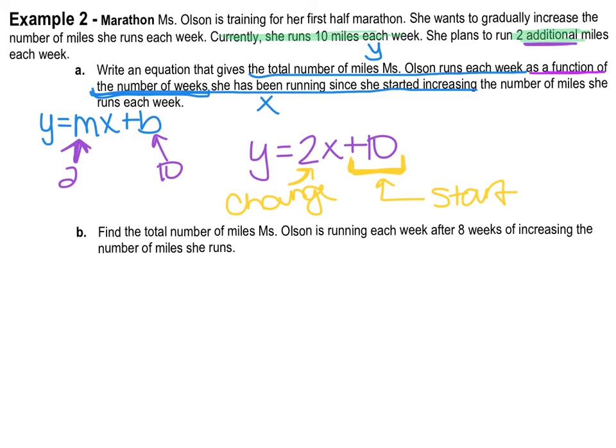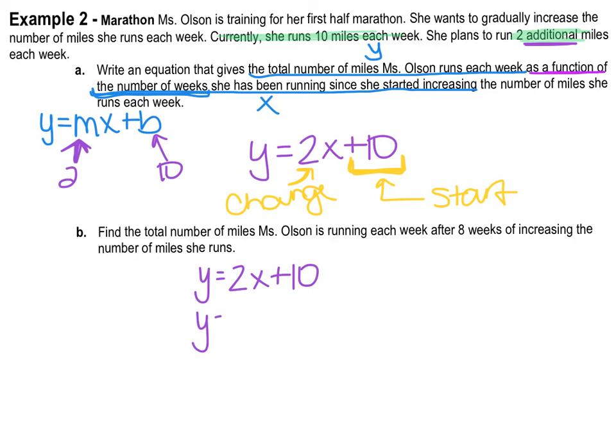And so for B, it says find the total number of miles Miss Olson is running each week after 8 weeks of increasing the number of miles. So I have y equals 2x plus 10. Find the total, so that means I don't know y, because y is your total, after 8 weeks.